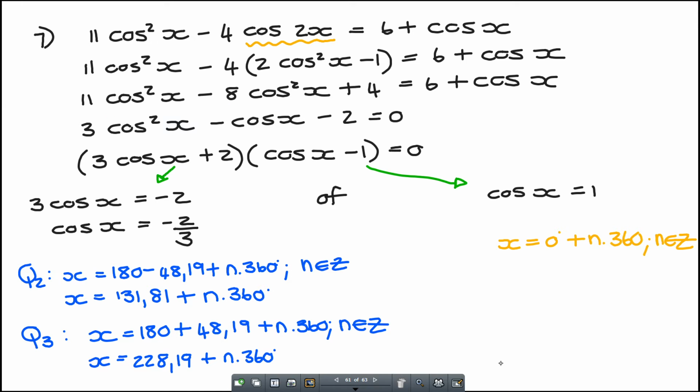Okay, then this cos x, I took over, so it became the minus cos x. Then this 4 was on the left-hand side. If I take that 6 over, it becomes minus 6. So 4 minus 6 gave me this minus 2. And then it forms the trinomial. You good? Okay. Anyone else?